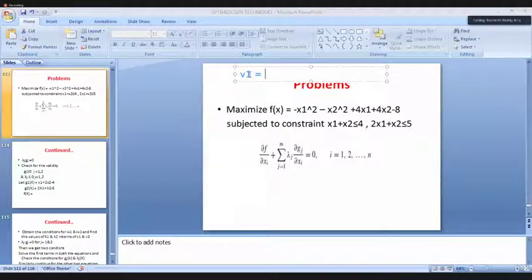I found v2 first. Okay, that's not a problem. I'll write it v2 now. v2 equal to 2 into x1 minus x2, 2 into (x1 minus x2), whole bracket.